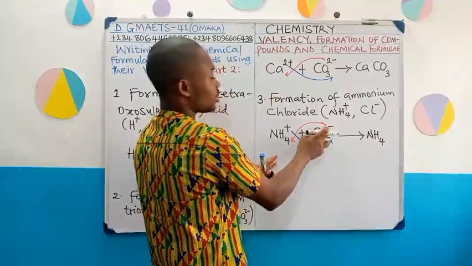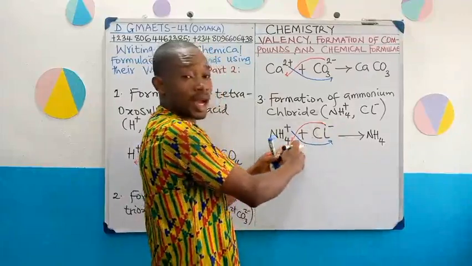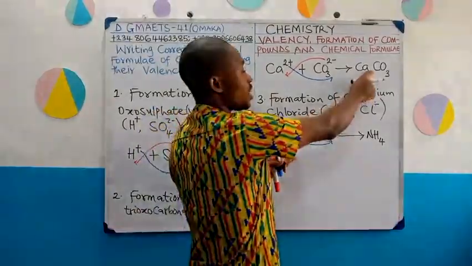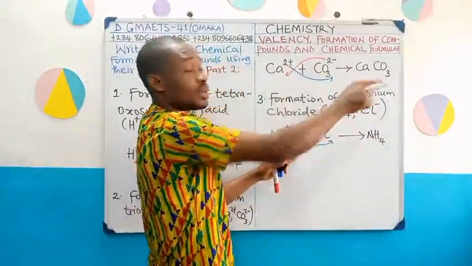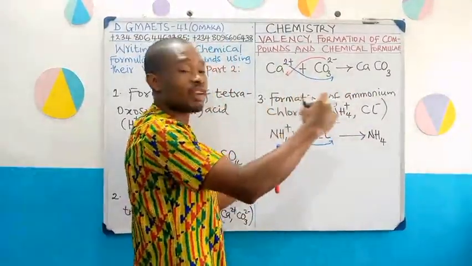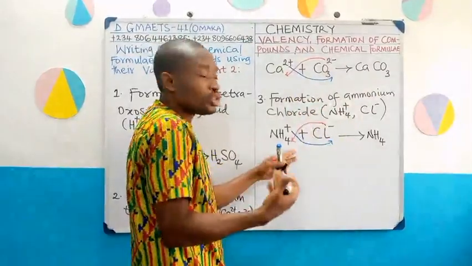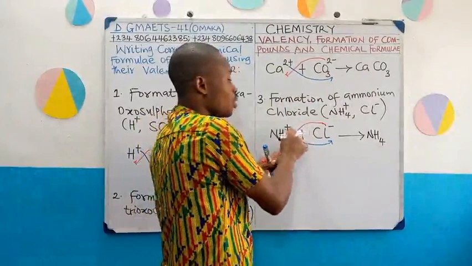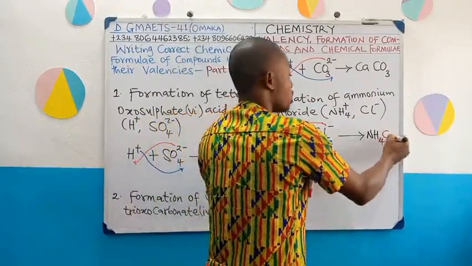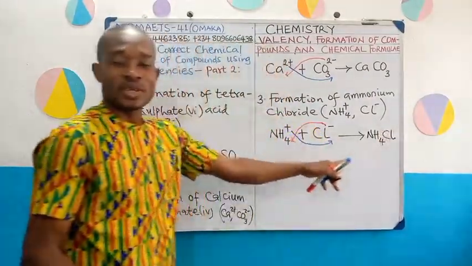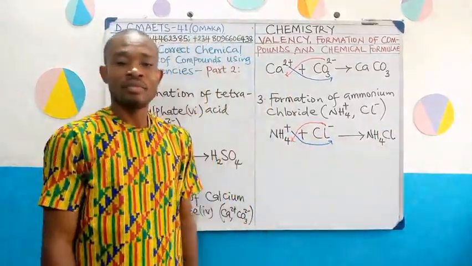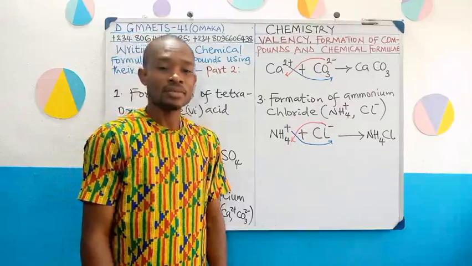Now you notice that the chloride ion is stepping down 1, and we don't usually show 1. I've said that. You notice that here I did not write any 1 here, when the 2, 2 cancel out, divide by 2 became 1, 1. You don't show atomicity of 1. So NH4, now this ammonium will transfer to chlorine. So this becomes something like this. So you see that, right? Ammonium chloride. This is how we write ammonium chloride.